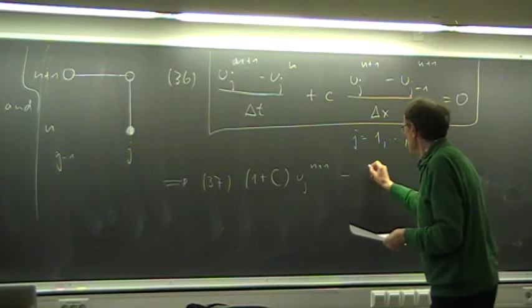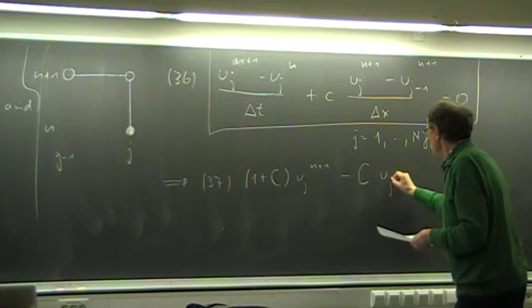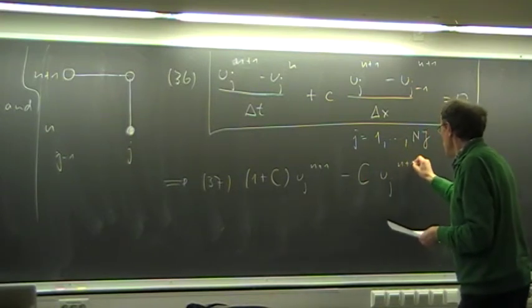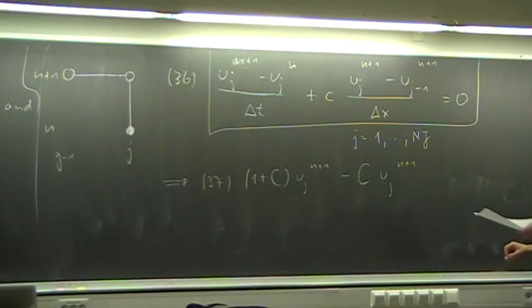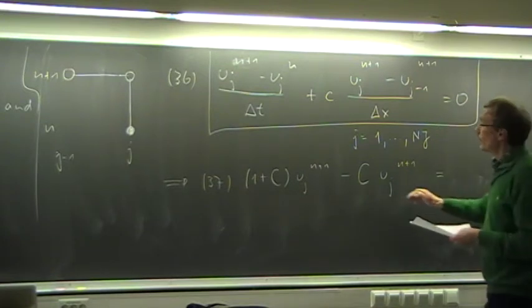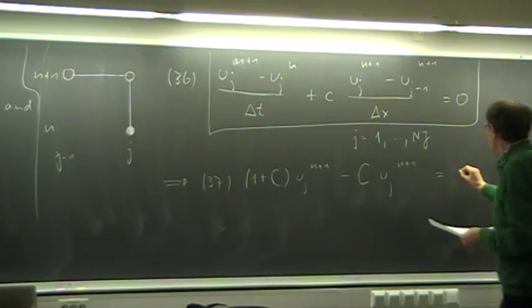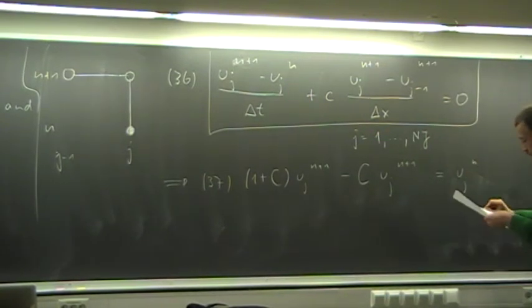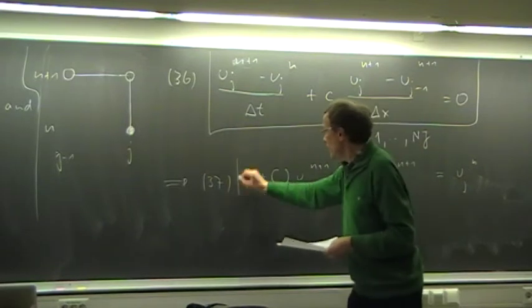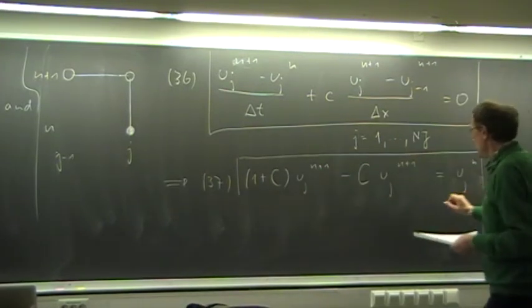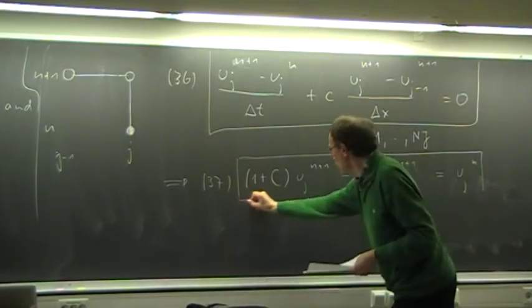So we get minus the Courant number, u_(j-1)^(n+1). And now we bring this on the right hand side, then we get the u_j^n. So that is another way of writing the algorithm.